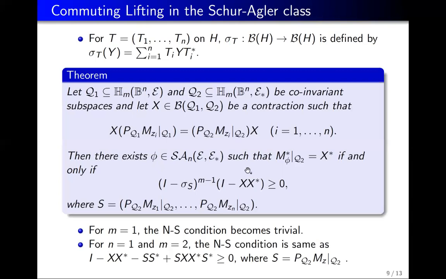What I'm trying to show here is that suppose you have an X which satisfies this necessary and sufficient condition, then how do you find this lifting? How do you find this phi? This is the part where I am going to tell you how to find this phi.